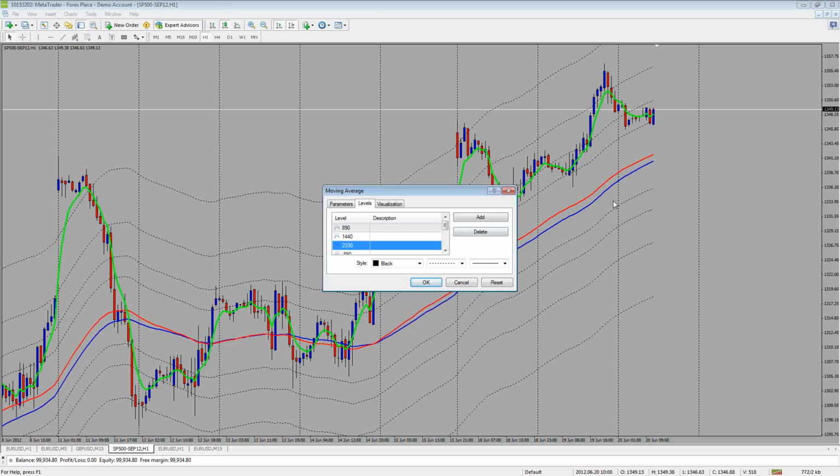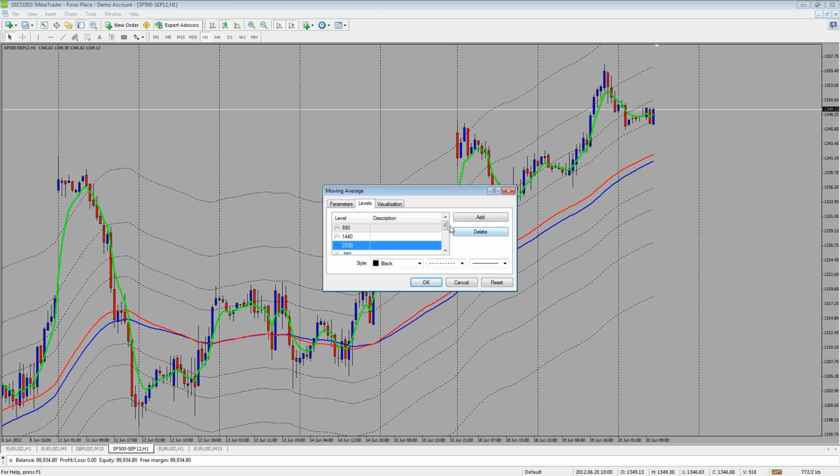If you see these lines too far away or too close to the center moving averages, just add or remove a 0. Just play with it. You're basically supposed to see these levels wrapping most of the price.